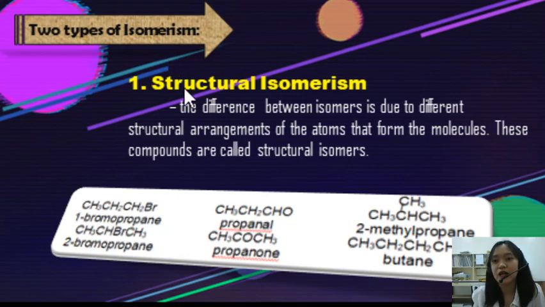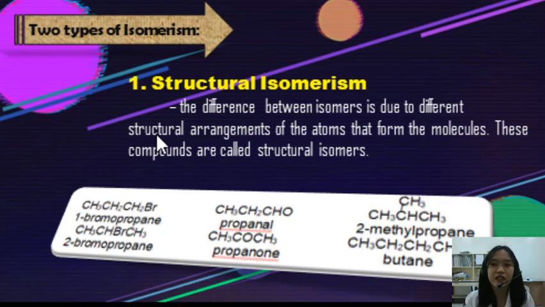It's defined by the difference between isomers being due to different structural arrangements of the atoms that form the molecule. Again, yung difference dito sa ating isomers is due to the different structural arrangement. So, yung example natin kanina, those were structural isomers.